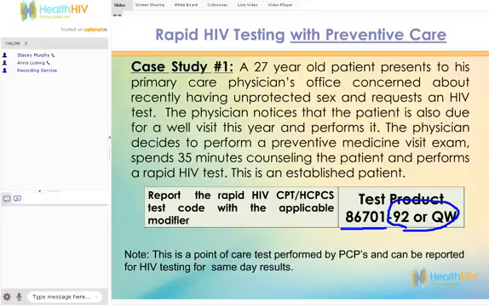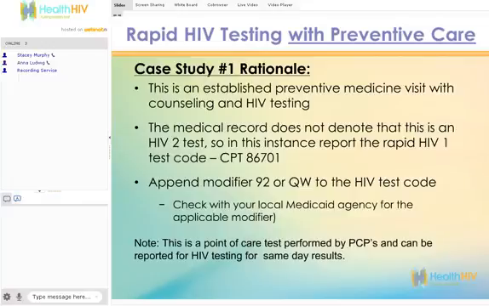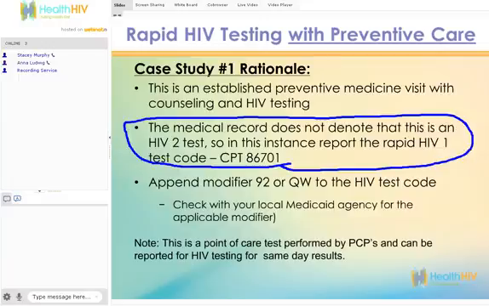So now, because this was a point of care test, this is one of the codes that are available for use for this particular service. This was an established patient, but again, we're just talking specifically about the CPT code for the HIV test. So the physician selected 86701, and this needs a modifier to denote that this is a CLIA waived test. And again, based on your state, you would use 92 or you would use QW.